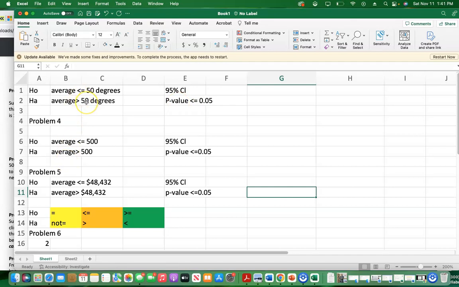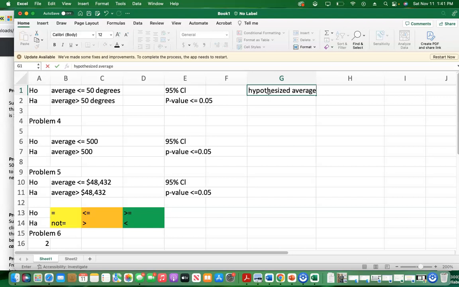The first thing for you to identify is the hypothesized average. We are hypothesizing the existing average, which is 50 degrees. Let me write here, hypothesized average. In this case, our hypothesized average is 50. Then we look at the alternative average.